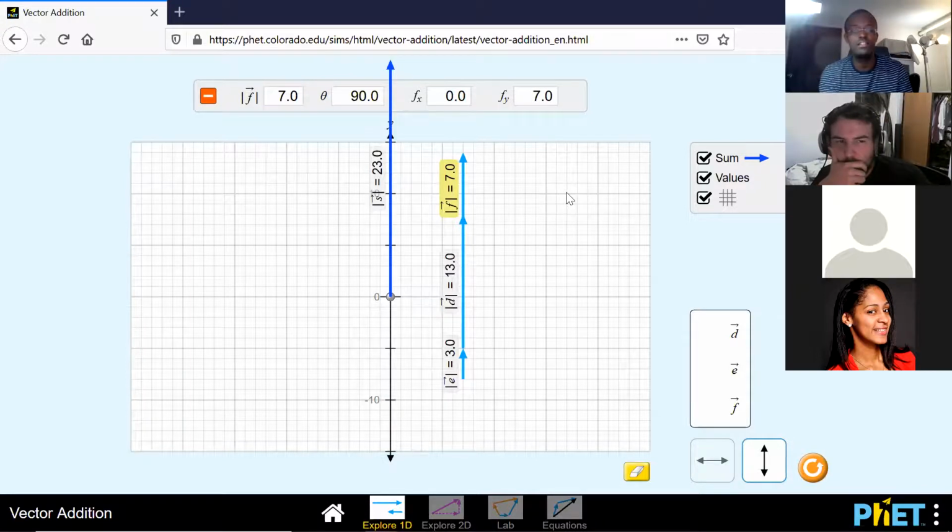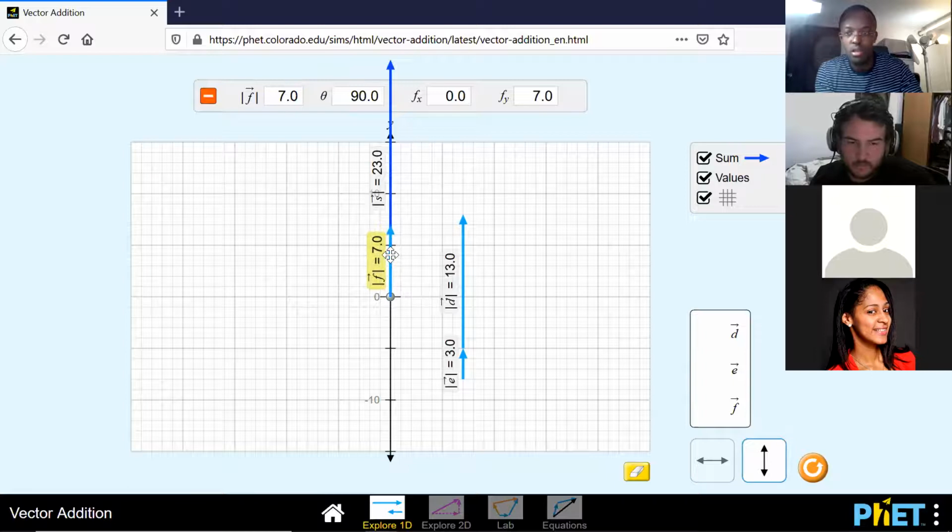And you see that if I click on F, vector F has a y component, it doesn't have an x component, its x component is 0. And its direction is 90 degrees, because if you put vector F at the origin of a 2-dimensional coordinate plane, it would make an angle of 90 degrees with the positive x-axis.